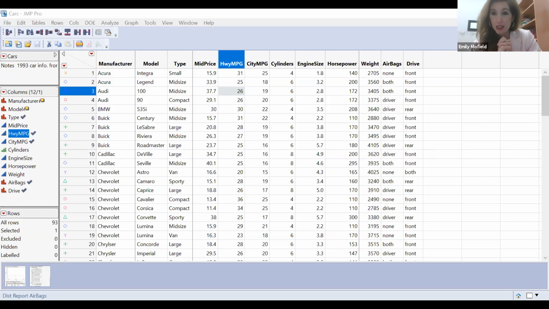I'm a researcher in gifted education, and one of the big issues in our field is that we don't have a lot of representation of minority students in gifted education. So we'll do a chi-square goodness of fit to see if the number of African American students in gifted programs is what we would expect to see based on the proportion of kids in the school.